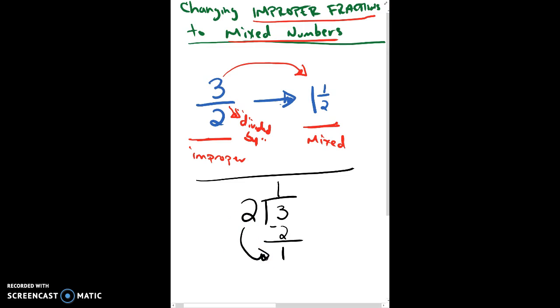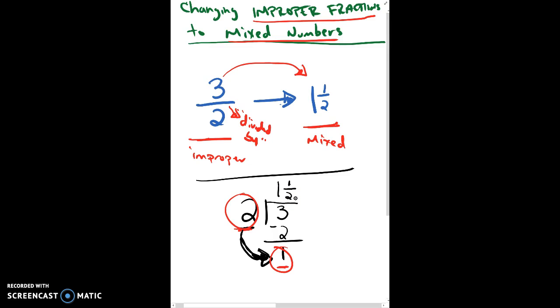The answer is none. Therefore, when you can't fit the denominator inside the remainder anymore, then you convert these two numbers, this one and this 2, into a fraction. How do you do that? Well, you get this 1 and you just put it over that 2.